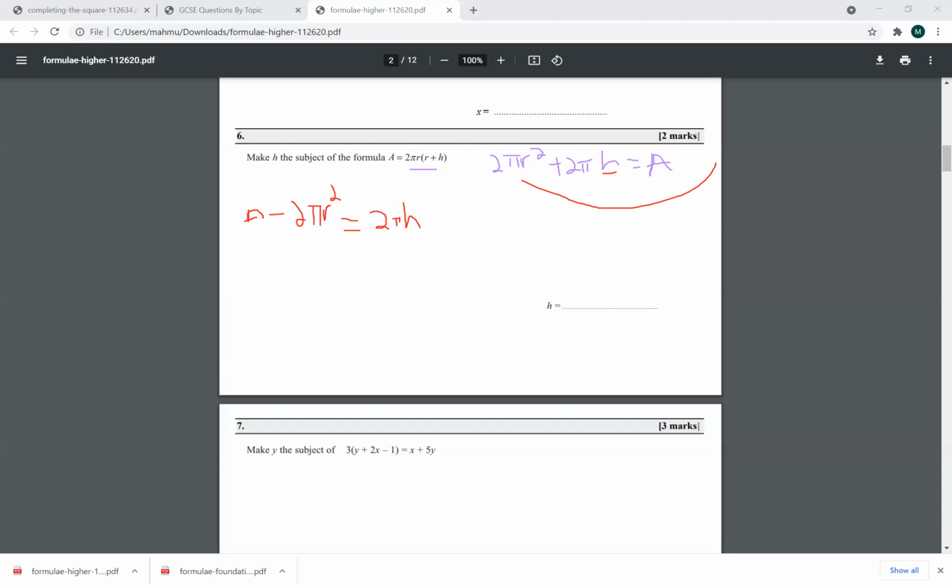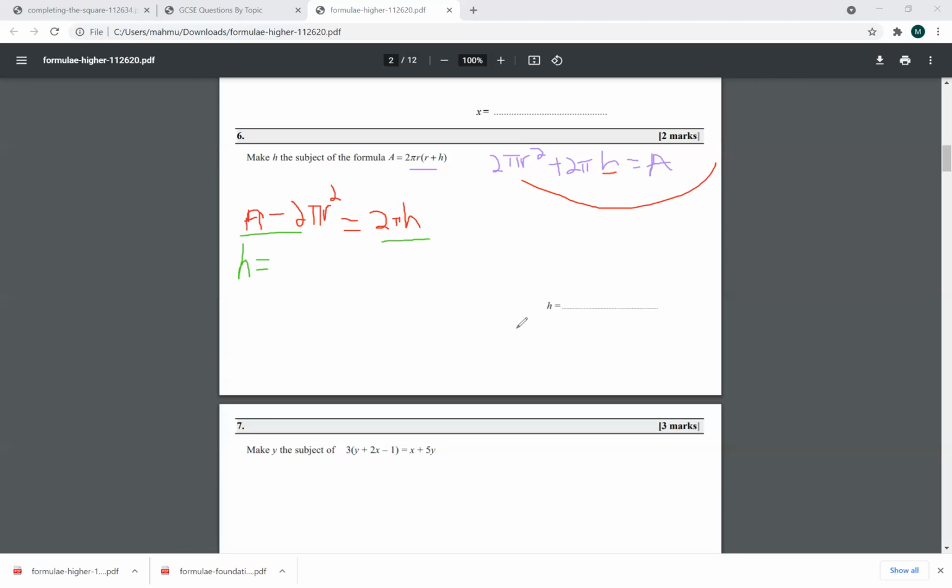Now do I do h equals? You could do h equals now. Then how will you do it? Is this r? No, this is a. So sorry, this is a. So all of this is equal to 2 times r times h.